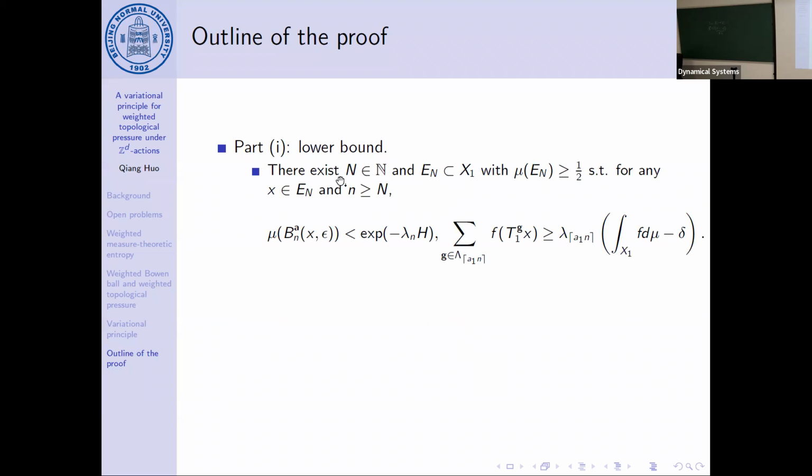There exists a natural number N, and a subset of X contained in X1 with the measure mu ergodic, and this measure is bigger than 1/2, such that for each x belonging to this set and each n bigger than capital N, we have these two inequalities.